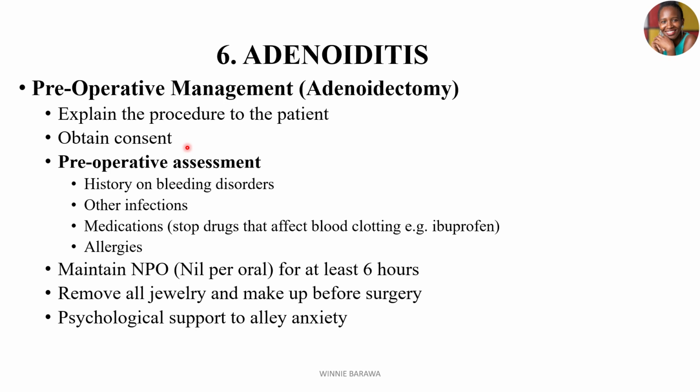So we want to cross-examine our client to rule out any history, for example, of bleeding disorder. Because this is invasive, we're going to cut the adenoid tissues, we're going to remove the adenoids. You'll be worried about some bleeding for this client.